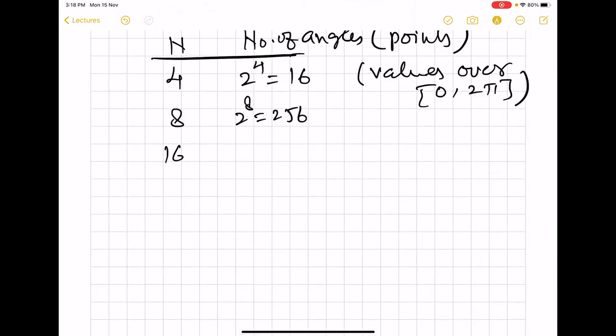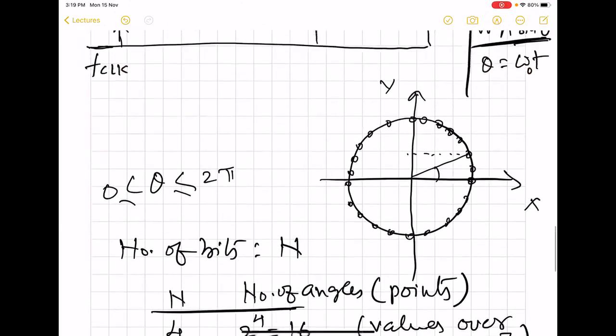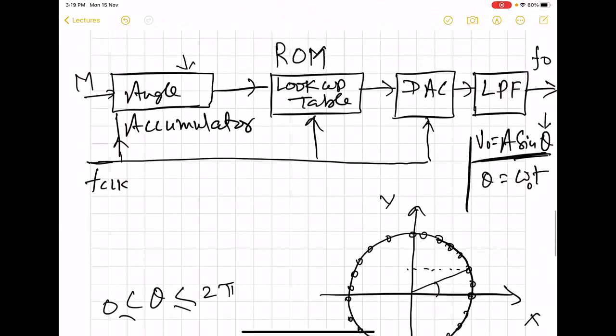So if we take, say, for example, 16 number of bits for storing the angle information, then we will be able to store 65,535 number of angles, and then we will have a higher resolution. So what is done is, in this fashion, one can choose to store a certain number of angles in the angle accumulator.